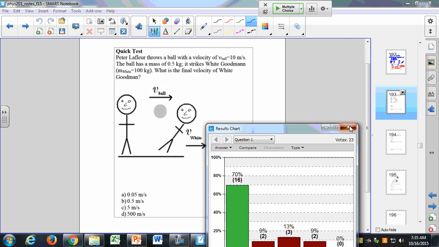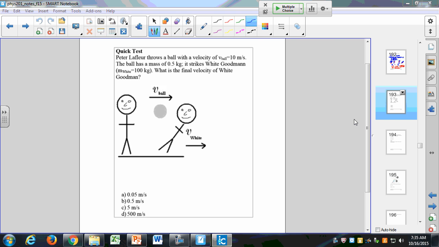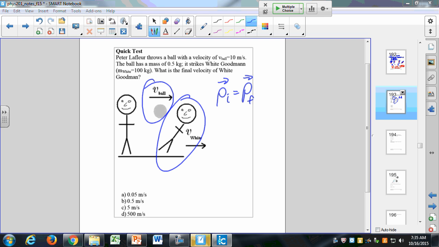A is right. I start with this idea that the initial momentum equals the final momentum. These are vector quantities. The object that's moving initially is just the ball. So you have two things in this system: the ball and White Goodman. Initially only the ball is moving, so its momentum is 0.5 kilograms times its velocity, which is 10 meters per second.